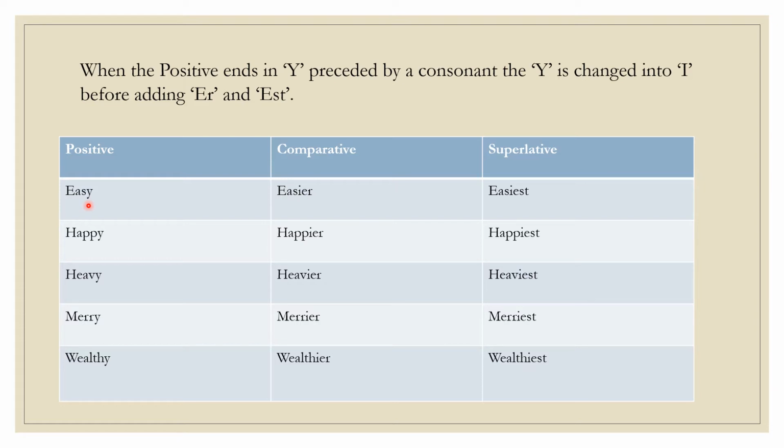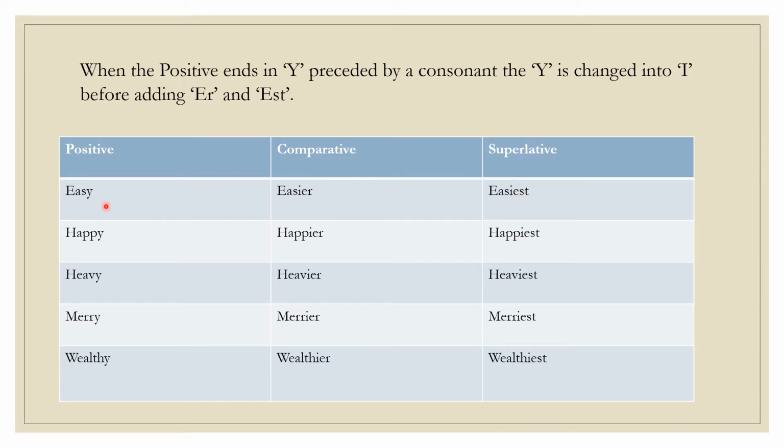It is preceded by the consonant S. S is the consonant. So the Y changes to I before you add ER or EST. So in the comparative, it will become easier, and in the superlative it becomes easiest.